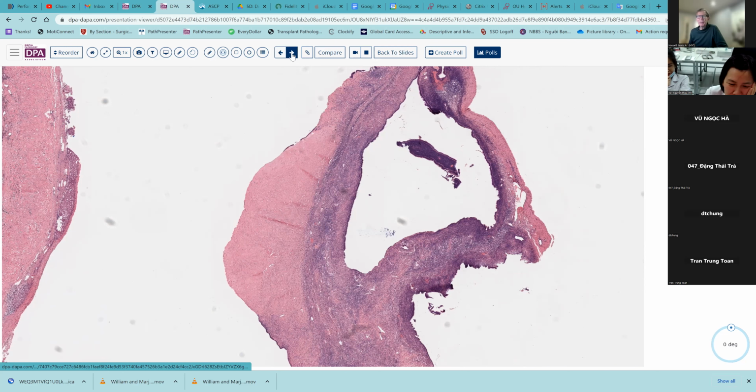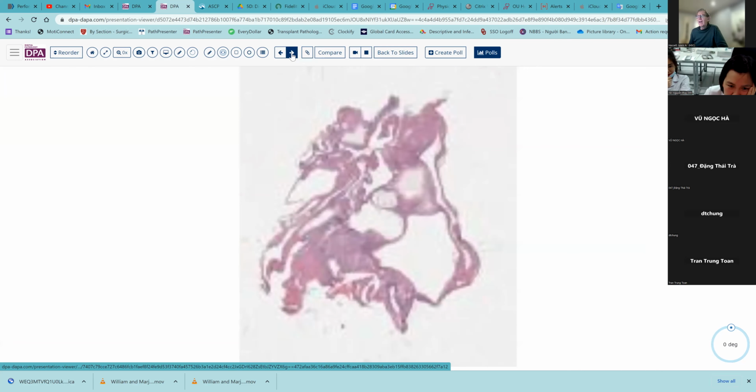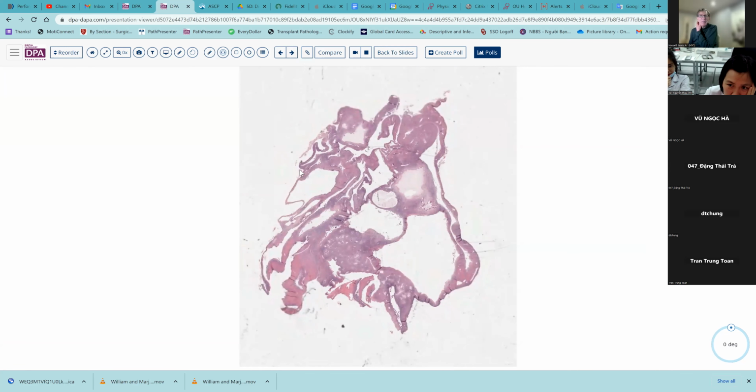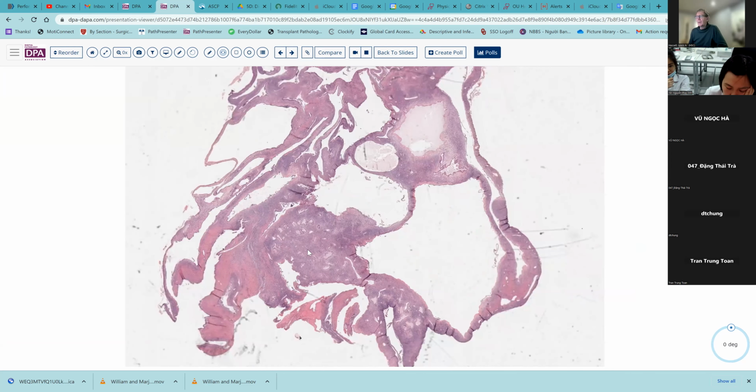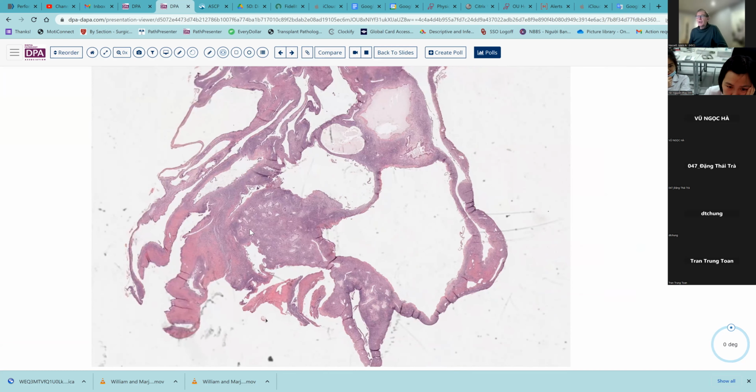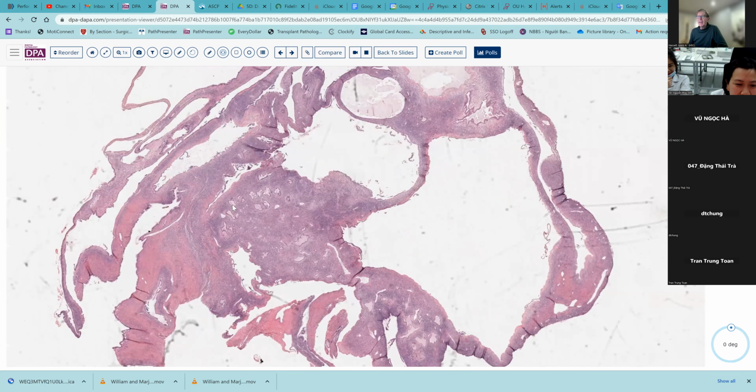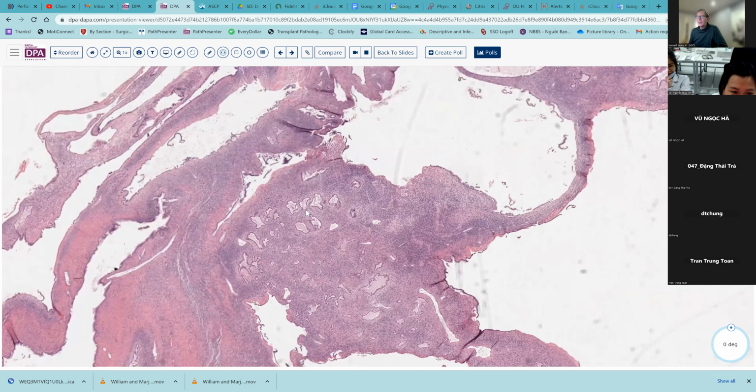This is not a life-threatening diagnosis if you miss the diagnosis per se, but it is nice to make the diagnosis rather than to be embarrassed by showing it to someone and having them correct you after the fact. So here's one where there's quite a bit of this tissue, and you can see the mucinous spaces.